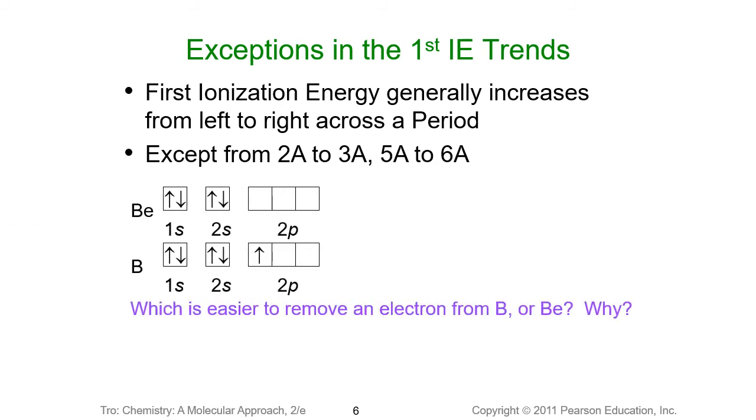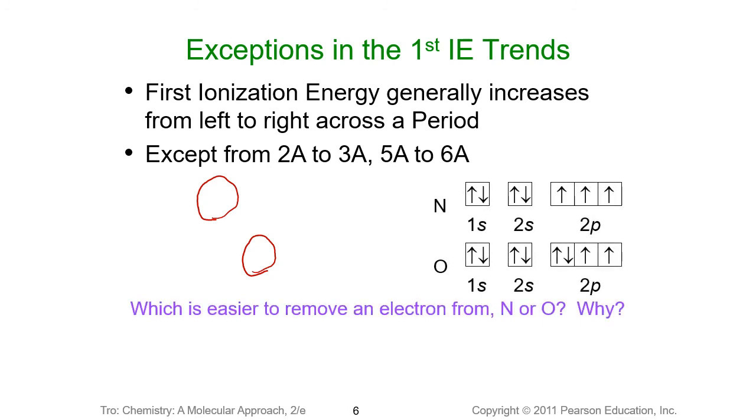If we look at our boron and beryllium, which one do you think would be easier to take the electron away? Well, our boron is going to be slightly easier to take the electron away because we have a single electron in the p orbital. It's a little bit harder to take the electron away from a completely filled orbital like beryllium has.